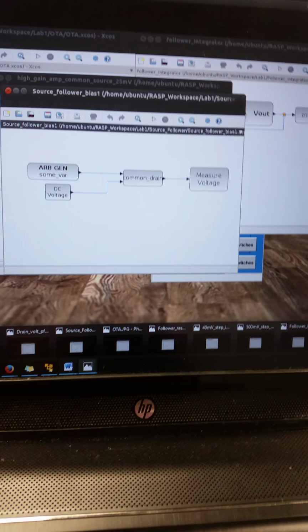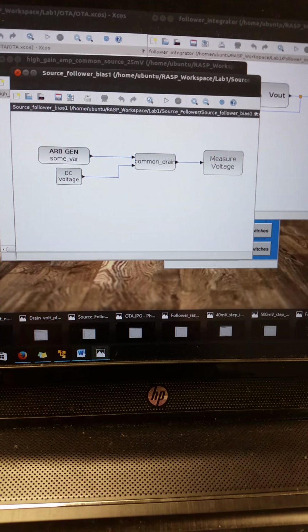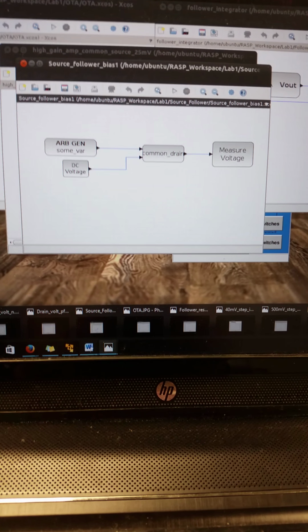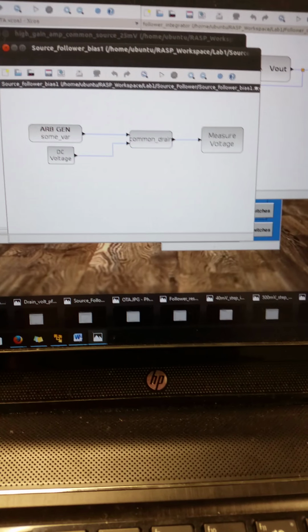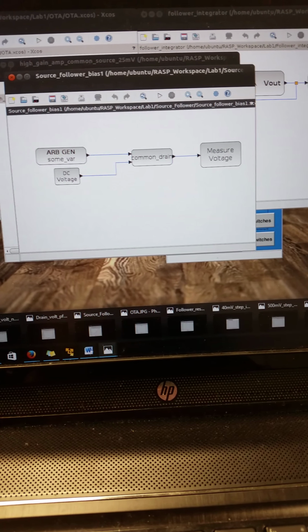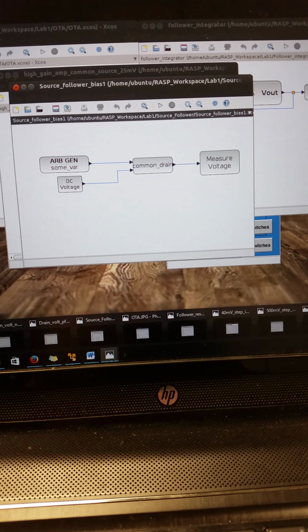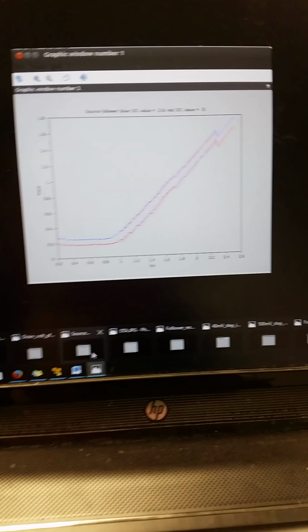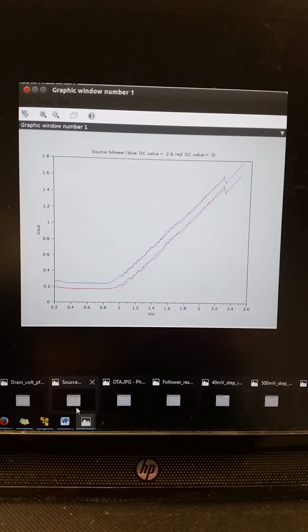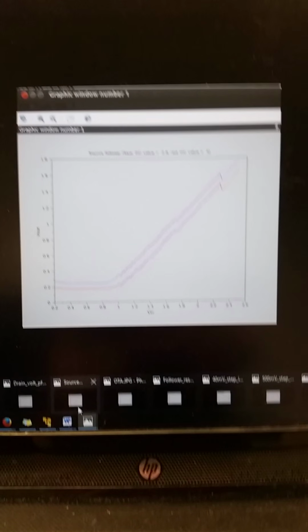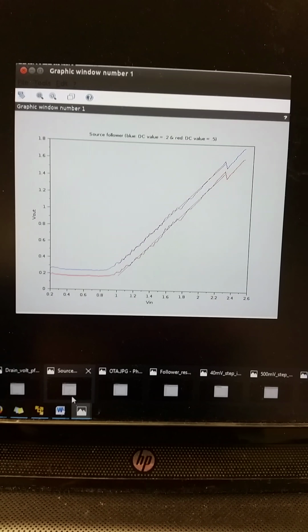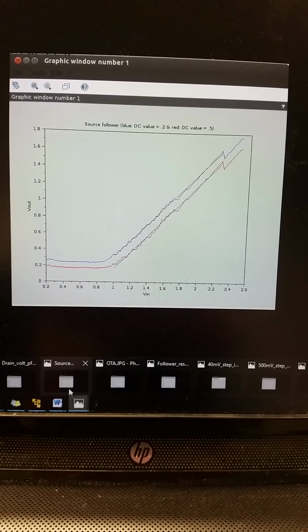And moving on, we have the source follower Simulink. It's an arbitrary generator going to common drain as Vin and a DC voltage, or bias voltage, as Vtail. We varied that DC voltage between 0.2 volts and 0.5 volts, and we got data here. The blue line is 0.2 volts, and the red line is 0.5 volts.